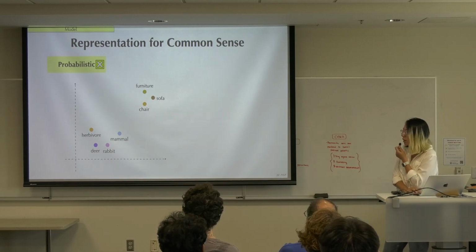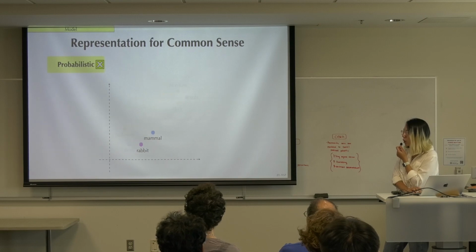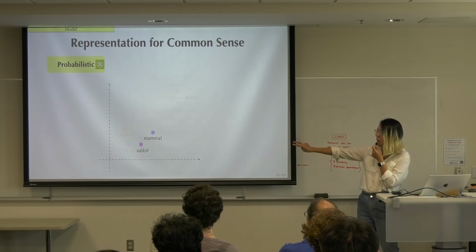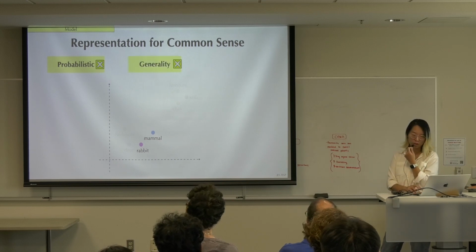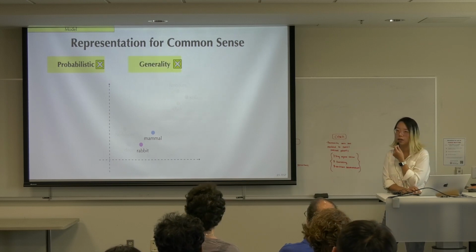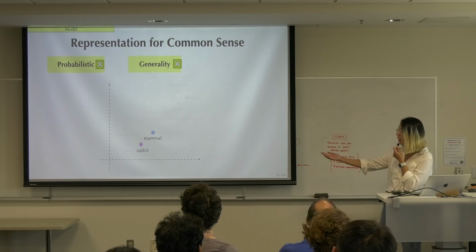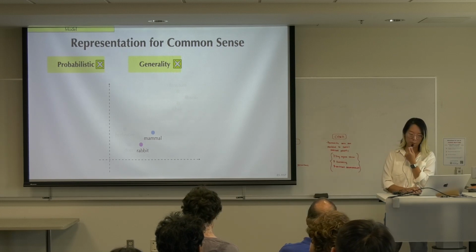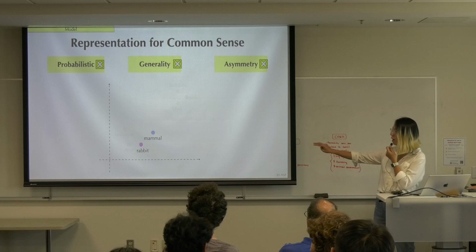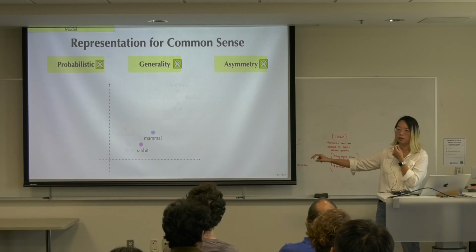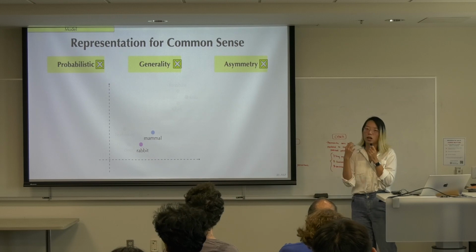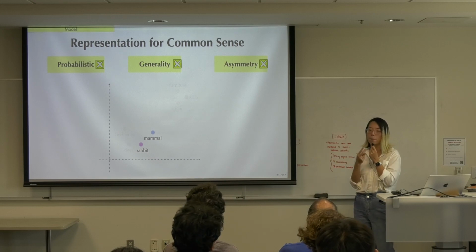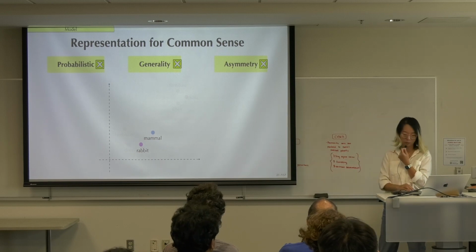And if you look further at these two concepts, mammal is more general than rabbit. This generality of the concept isn't captured by the vector representation either. And furthermore, rabbit is a mammal, but mammal is not a rabbit. This is an asymmetric relationship, if you're just using dot product or cosine similarity to compare the distances between these two concepts.